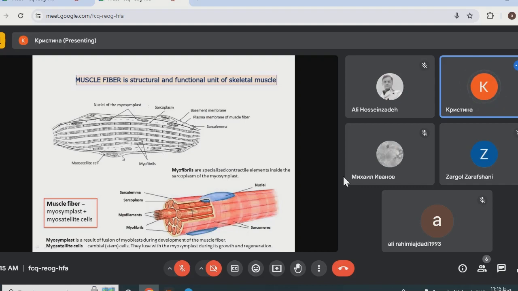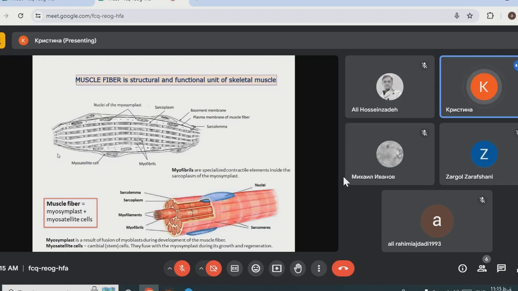fiber. It means that if you go to the gym, for example, and your muscles start to grow, the muscle fiber should increase its intracellular structures, increase myofibrils inside it, and it means that the muscle fiber should increase the amount of proteins inside it.